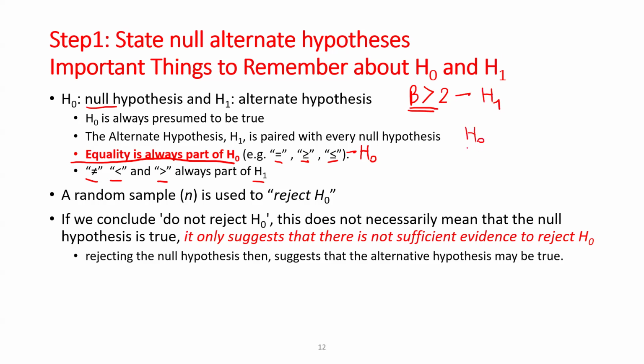Then H0, H1. So H1: beta greater than 2. You have to pair them with red. Red. Very good, very good.